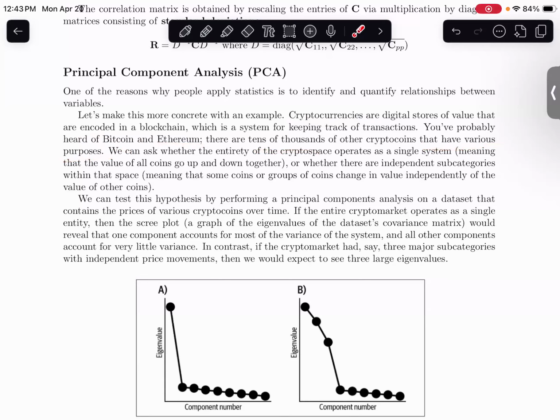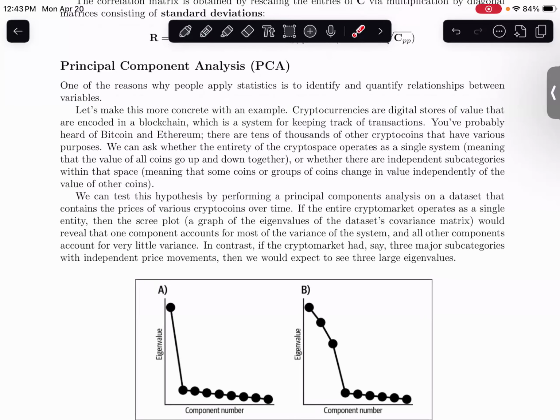One thing you can use principal component analysis for, though it's so complicated it's probably not going to boil down to one or three components, is to answer questions like whether the entirety of the crypto space operates as a single system, meaning the value of all coins goes up and down together based on a single component, or whether there are independent subcategories within that space, meaning some coins or groups of coins change independently of one another and end up influencing the value of all the other coins as well.